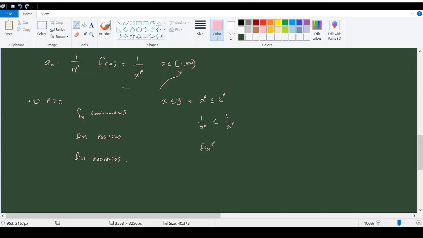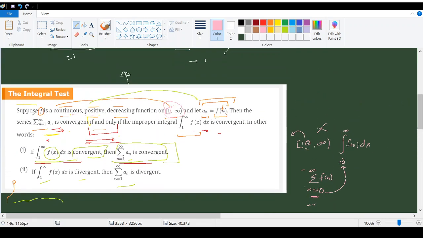That means f(y) is less than or equal to f(x). So we have proved that if x is less than or equal to y, then f(y) is less than or equal to f(x). That means f(x) is a decreasing function. So we have a function that satisfies all the requirements for the integral test.